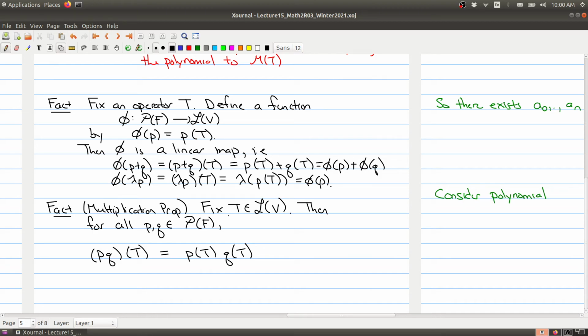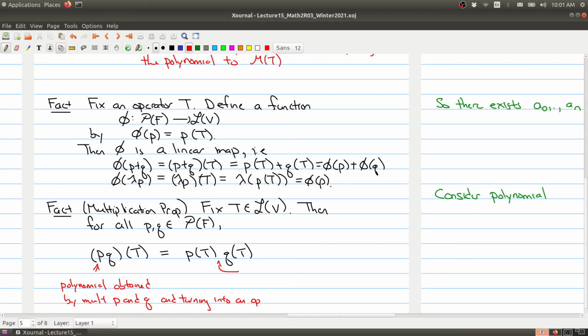And finally, the multiplication property. We also get a multiplication property: if we fix any T, then for all polynomials p and q in our set of polynomials, we have the fact that you could first multiply the polynomials, so this is the polynomial obtained by multiplying p and q, and turn it into an operator.